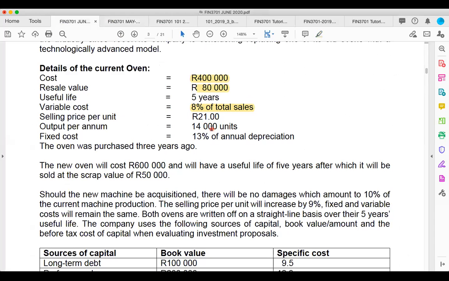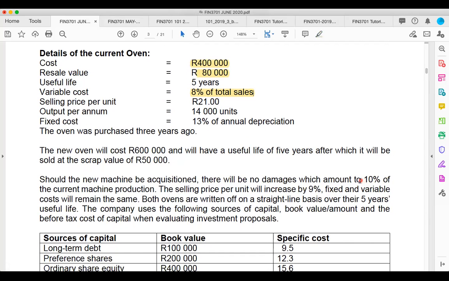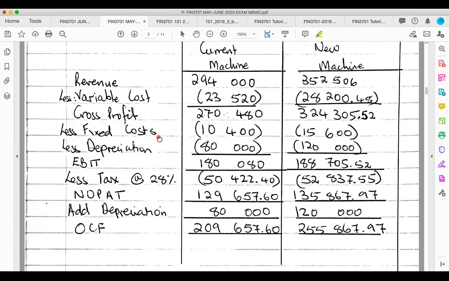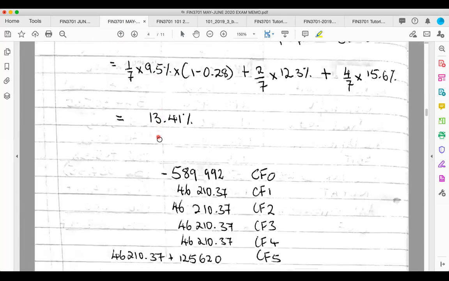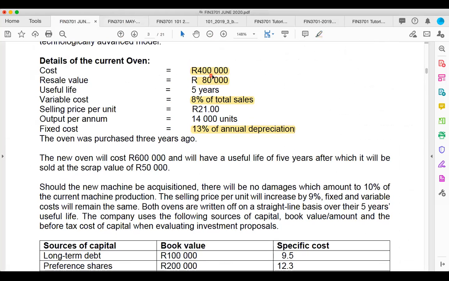We've been given the fixed expenses. We've been told that the fixed expenses will amount to 13% of the annual depreciation. So our annual depreciation on the current asset is 80,000, because we were told that the current asset was purchased at a cost price of 400,000 Rand and it's depreciated over 5 years.